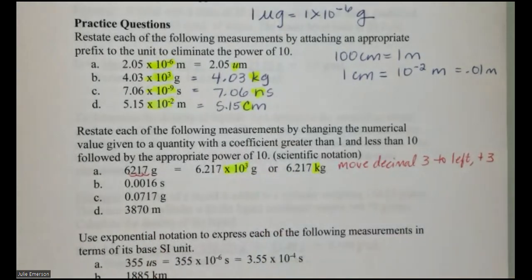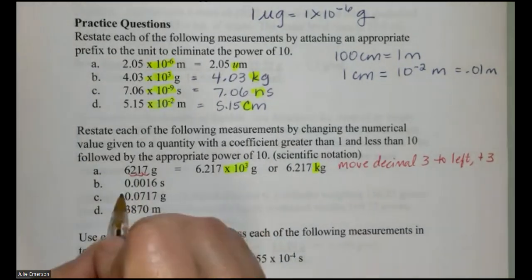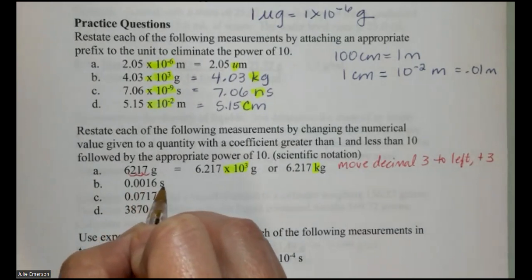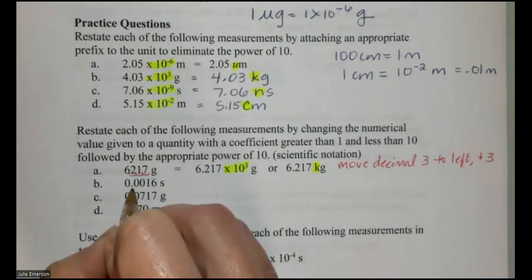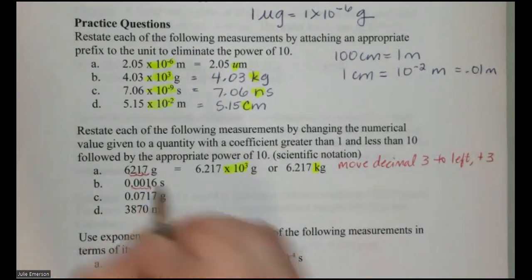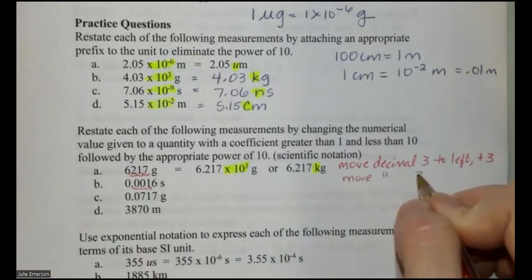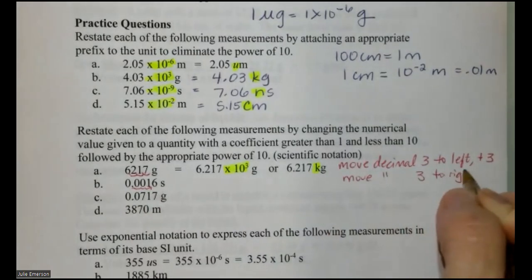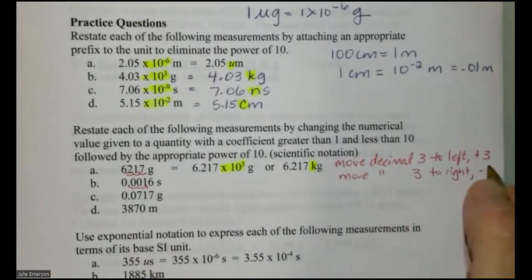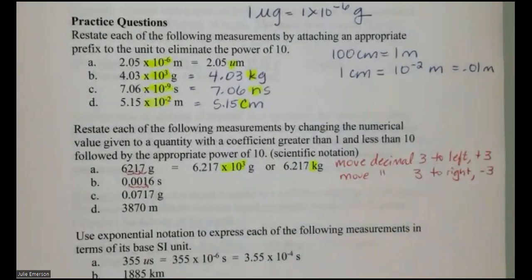All right, so on the next one, we're going to go 0.0016 seconds, but we're going to move that decimal 1, 2, 3 spots now to the right. So we move the decimal 3 to the right. So when you move it to the right, it's negative on the power. So it's going to be times 10 to the negative 3.